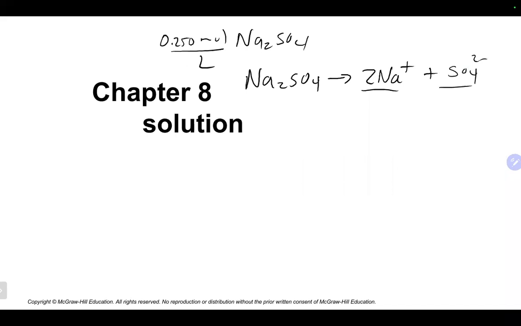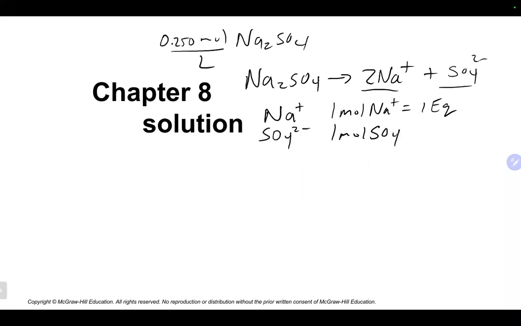As we saw a second ago, for every 1 mole of sodium ion there is 1 equivalent, and for every 1 mole of sulfate there are 2 equivalents. So what I want to figure out is the equivalents per liter for both sodium and sulfate in this solution.